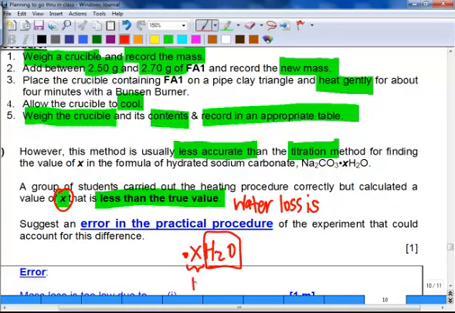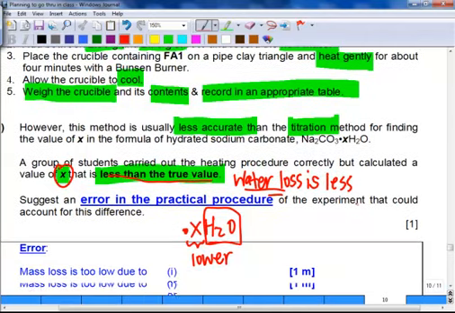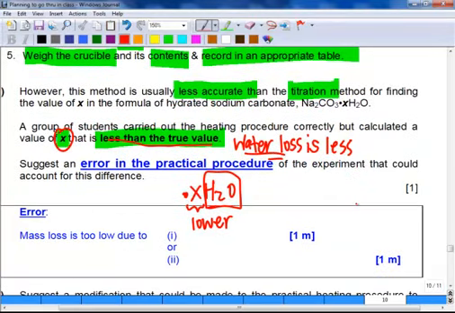If your X is smaller, lower than actual, that means your water that is being lost is more or less? Should be lesser, right? Okay, your X is smaller than the true value, that means your amount of water loss is definitely less. So based on this, suggest an error, what will cause the water loss to be less than usual?